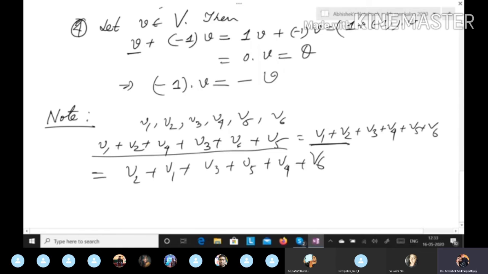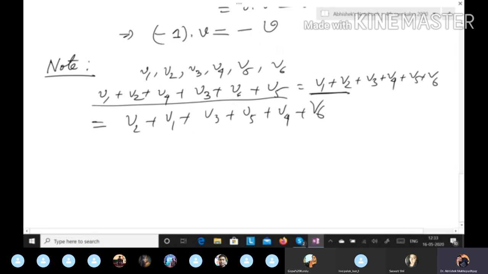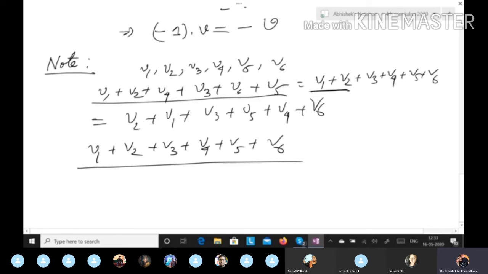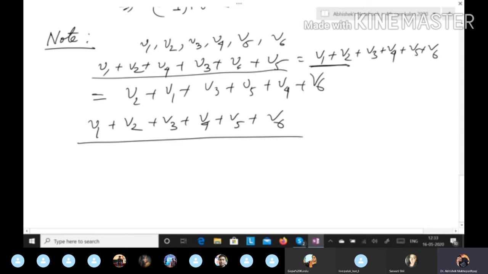For this reason, we shall write the sum of these vectors simply as v1, v2, v3, v4, v5, v6. Okay, so this is a special note.